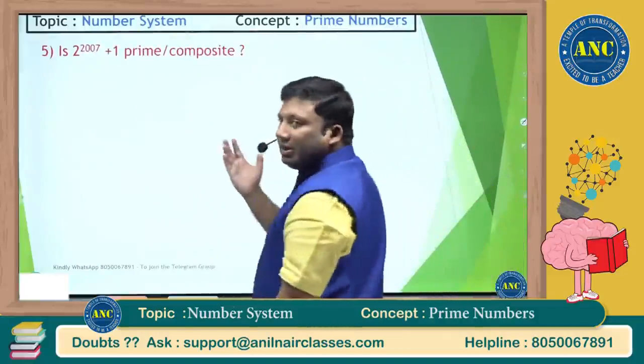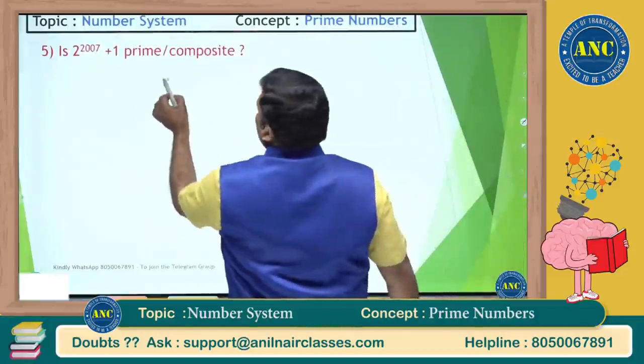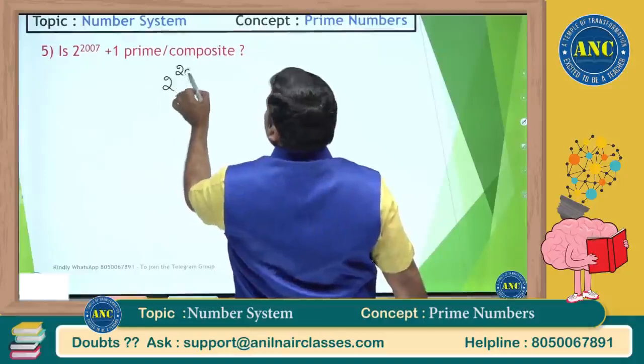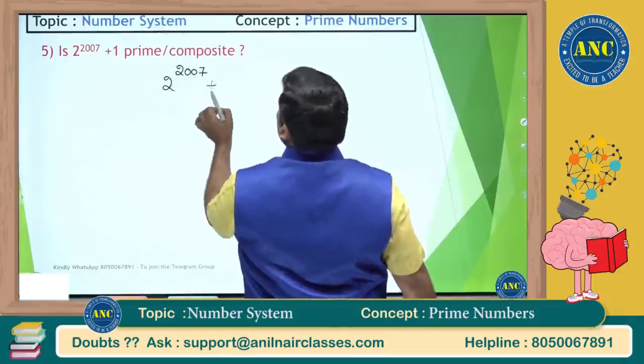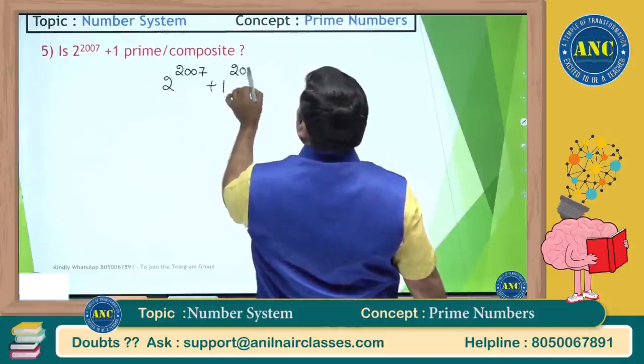Next one, a CAT previous year question: 2 power 2007 plus 1. 1 can be written as 1 power 2007.